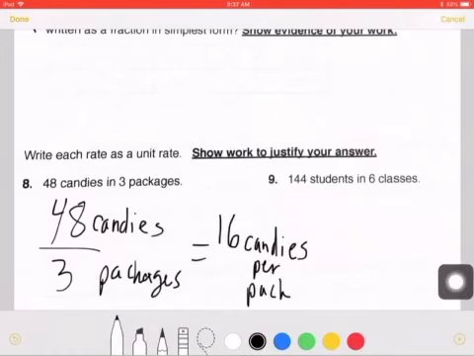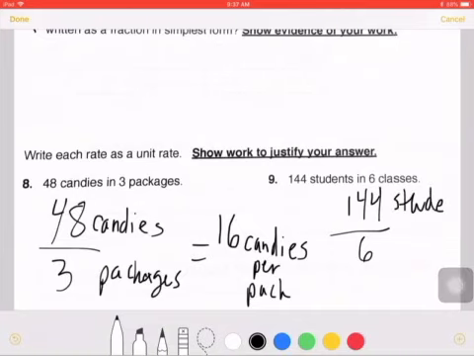Okay, number 9 is going to be very similar. I'm going to write down my work, 144, divide by 6, label my work so I know what my unit's going to be at the end. Students in 6 classes. So it's 144 students in 6 classes. When I do the division here, I'm just using my calculator. A lot of you were trying long division. You don't have to, just do it in the calculator. Okay, and at the bottom I'll write my answer.